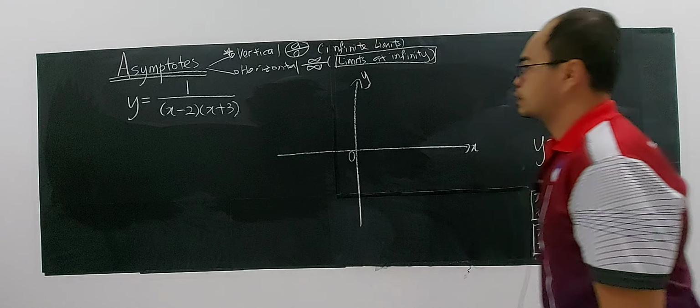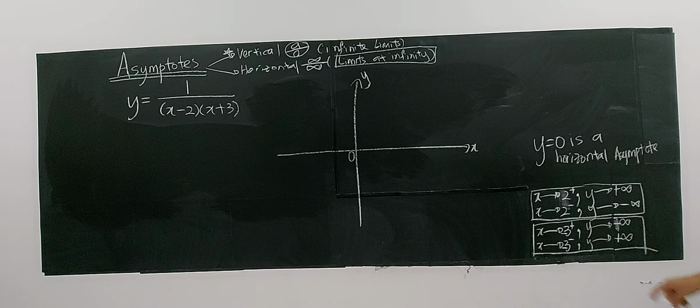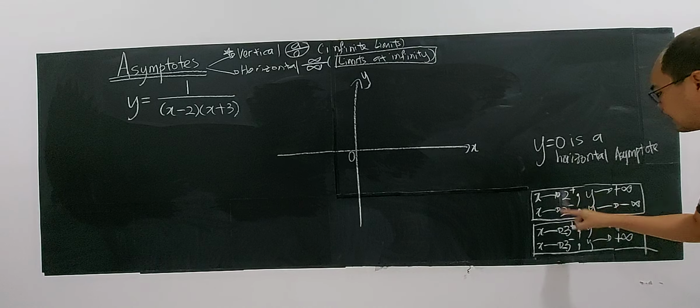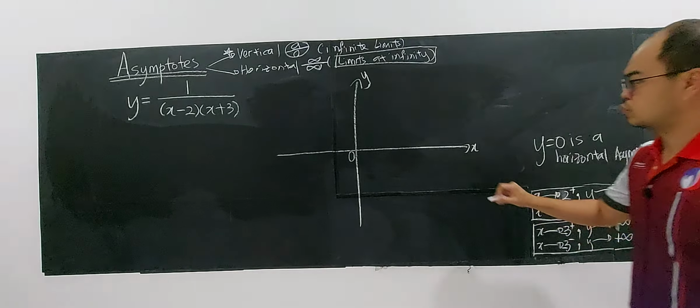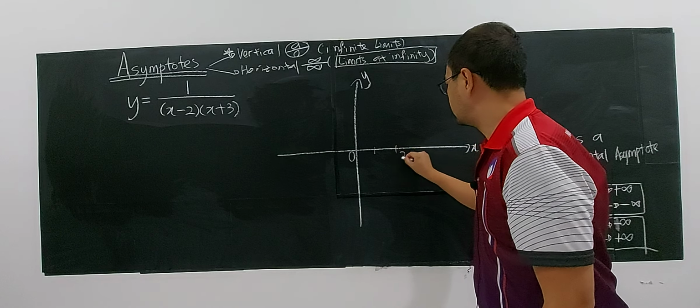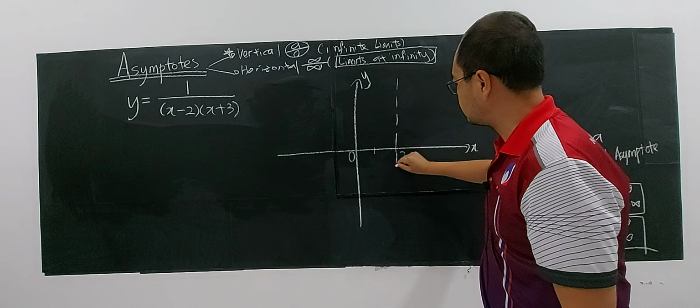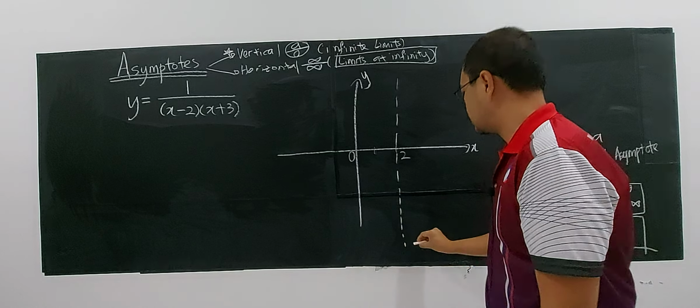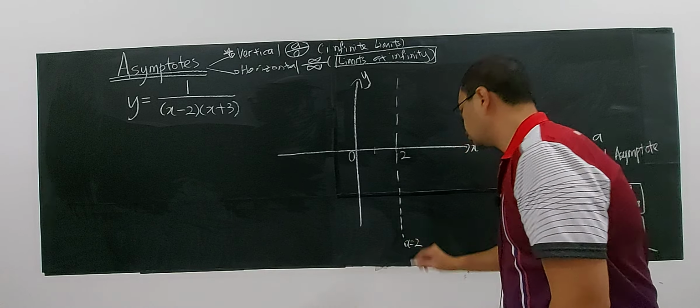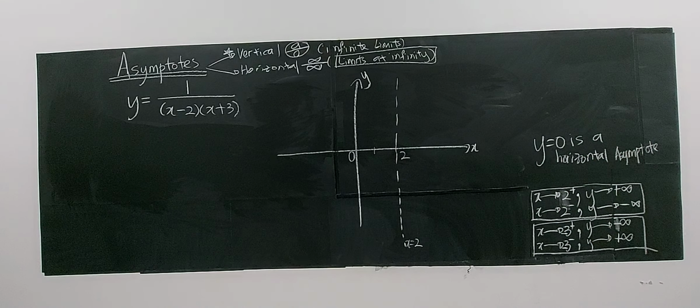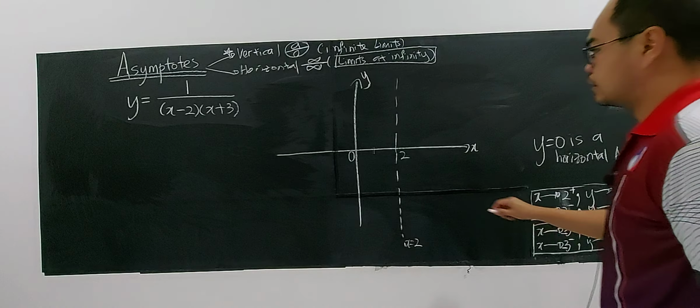So first, you have 2 vertical asymptotes, right? You have x equals 2, so 1, 2. Then this is your vertical asymptote, the line of x equals 2. There is another one, x equals -3.